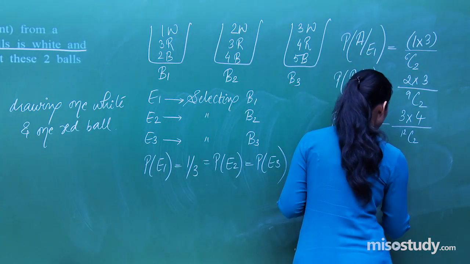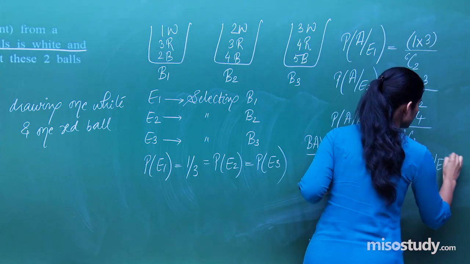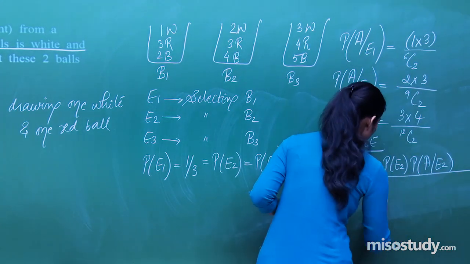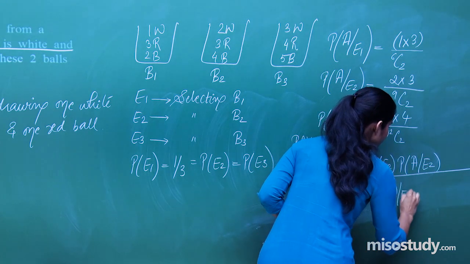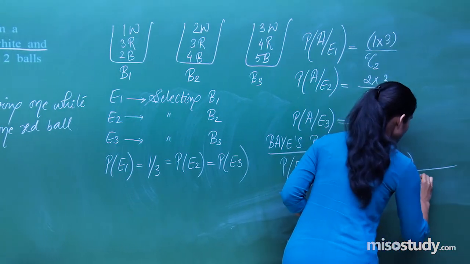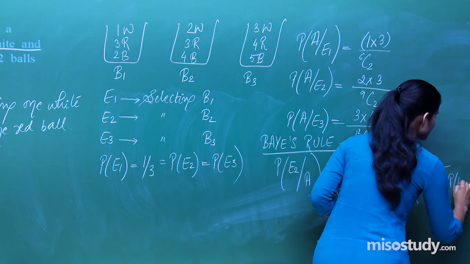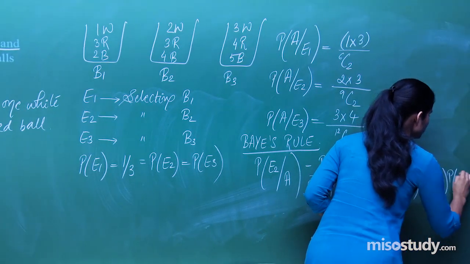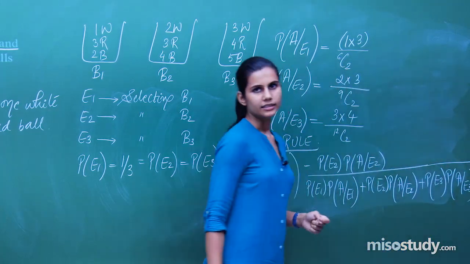This is probability of E2 into probability of A by E2 whole upon probability of E1 into probability of A by E1 plus probability of E2 into probability of A by E2 plus probability of E3 into probability of A by E3.